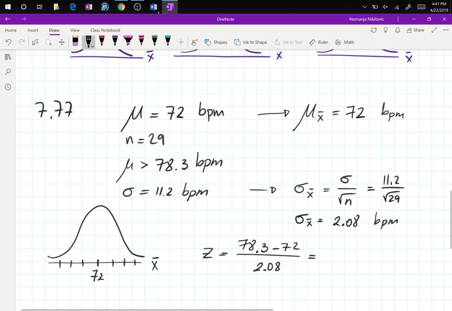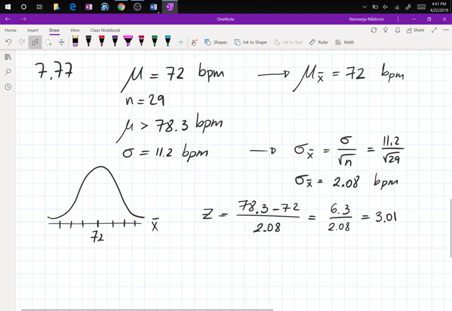So this is going to be 6.3 divided by 2.08, and that's going to equal 2 point something. Oh, it's 3.01. So now the z-score is 3.01.